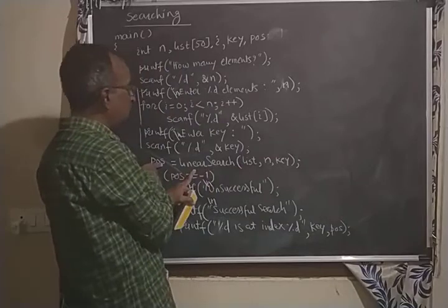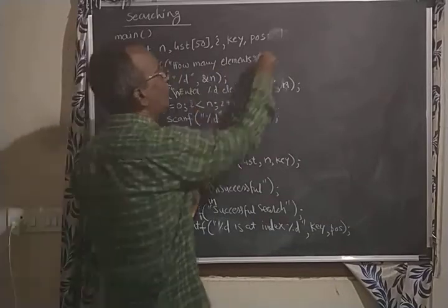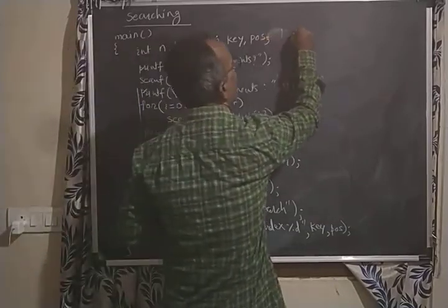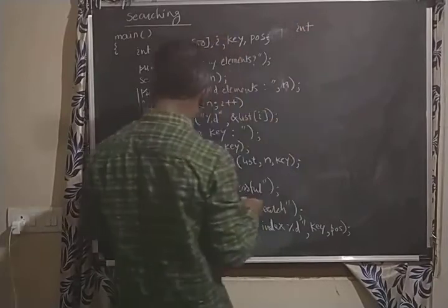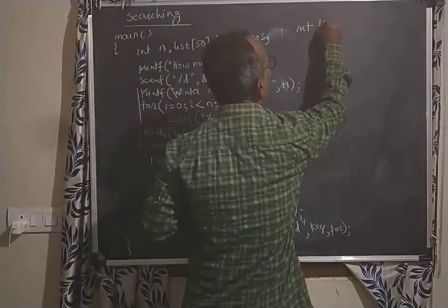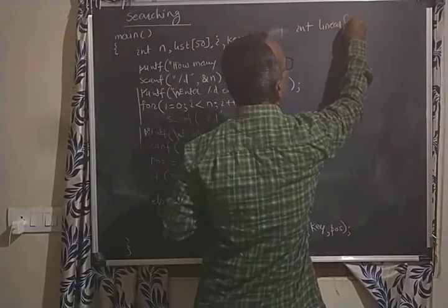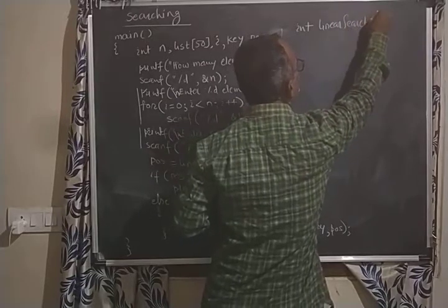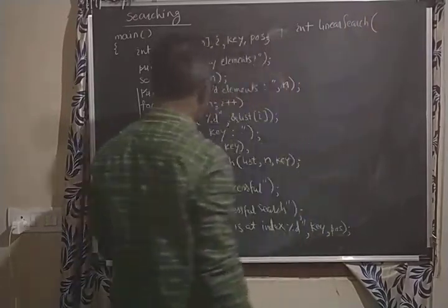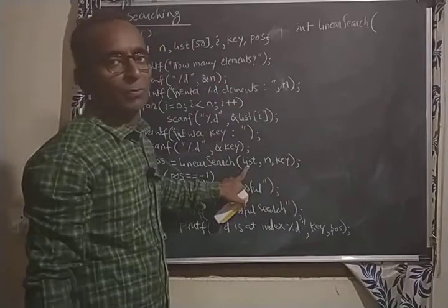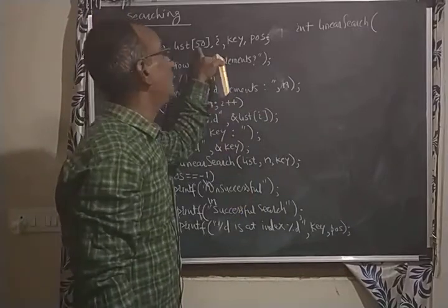What does it return? Position is an integer value. So the signature will be int, and the name is linear search. Now what parameters are you passing? List. What is this? Array type.